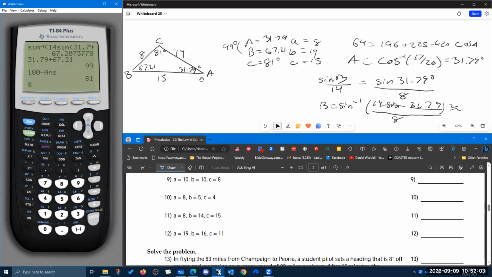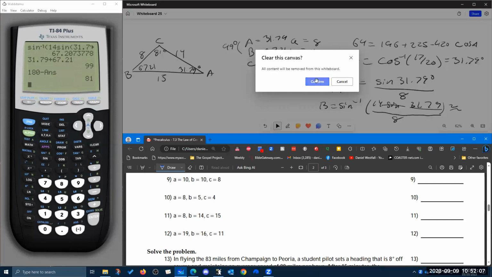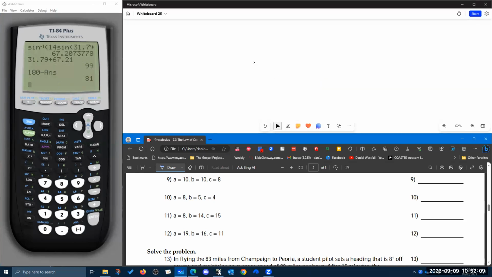And the last problem for this video. Big side here is 19 across from A. And we have 16 across from B, 11 across from C. And we want to find angle A first.